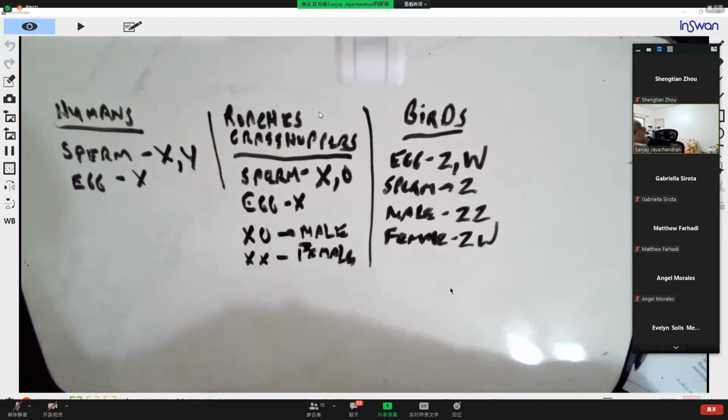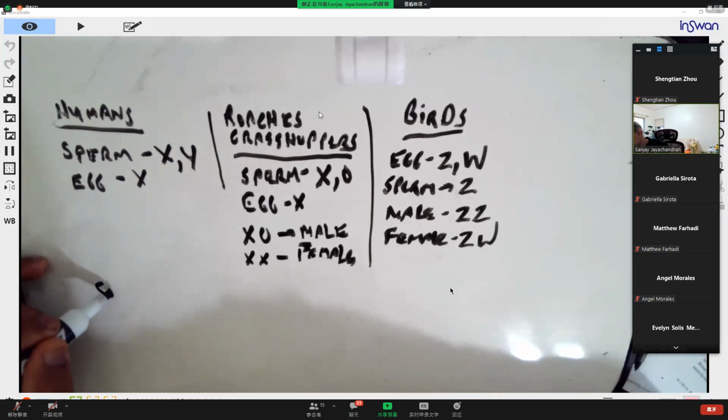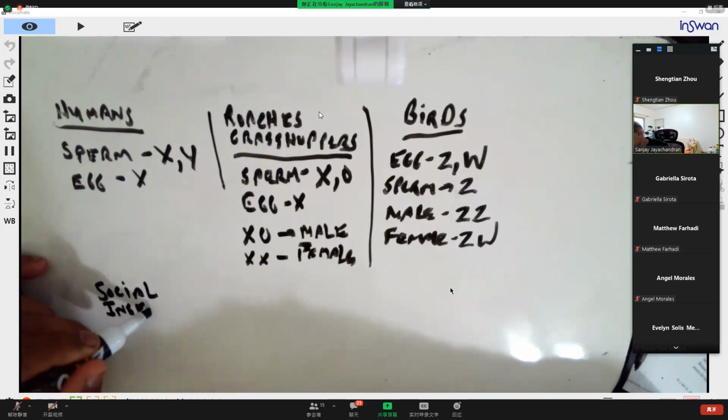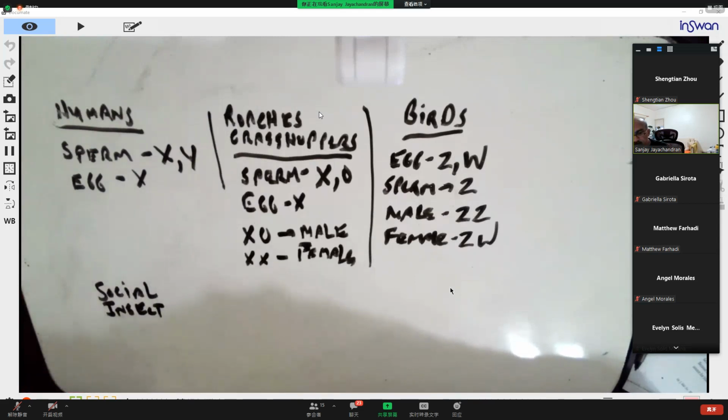So it gets sort of more weird as we go across the animal kingdom. How about social insects? Can you give me an example of a social insect? What's an example of a social insect?